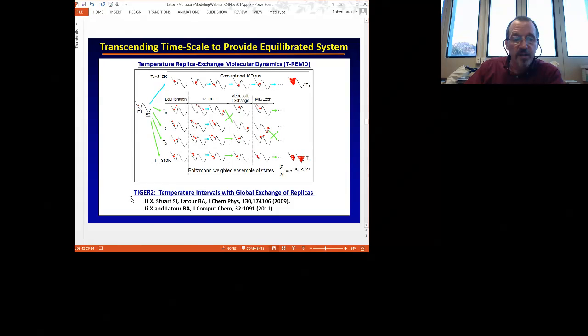And we've done a lot of work with a new version of this called TIGER2, which represents temperature intervals with global exchange of replicas. It's a more efficient replica exchange method that we are particularly designing for big systems like proteins adsorbing on surfaces.